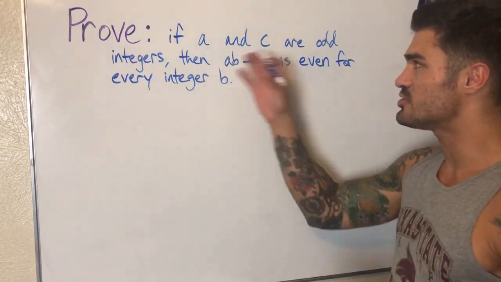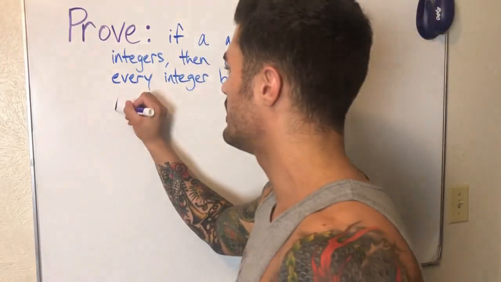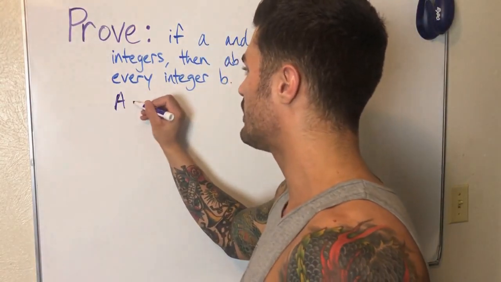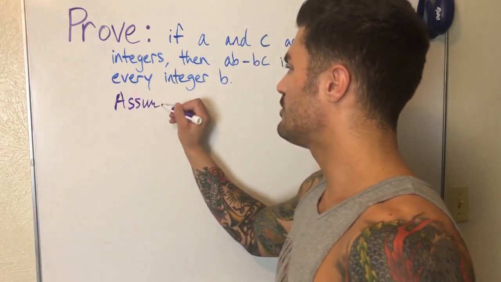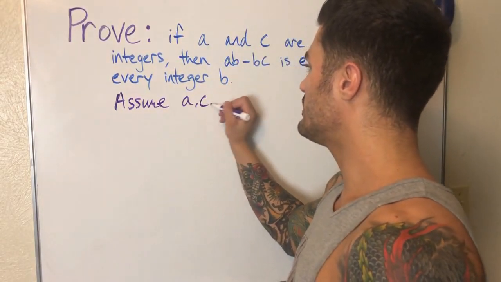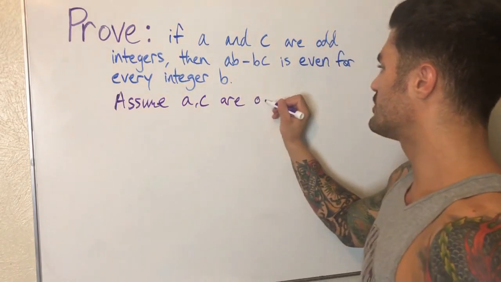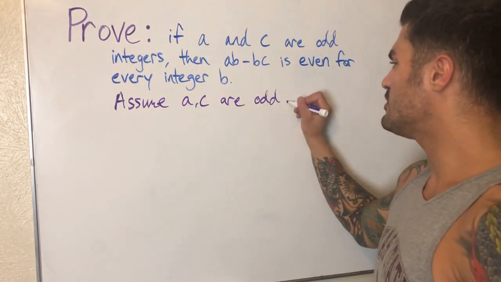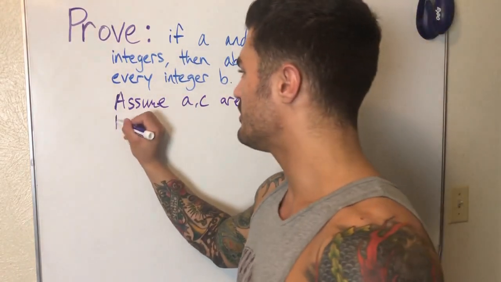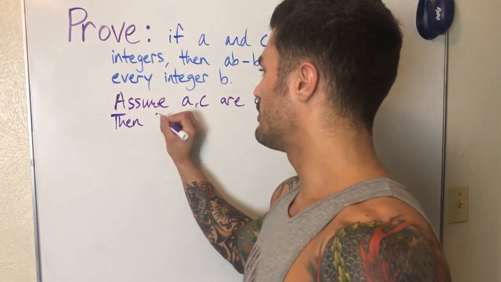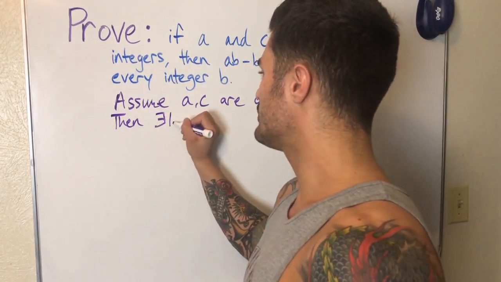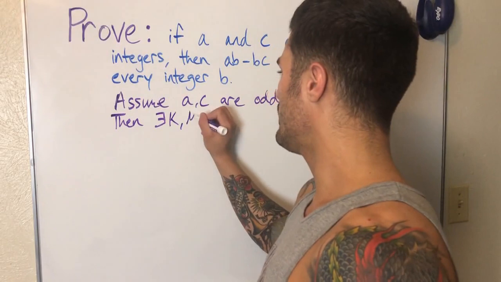Let's at least start and assume a and c are odd integers and see if we can use the definition of odd somehow. Assume a and c are odd integers. And then we can say what? We can use k and m again. Then there exist integers k and m.